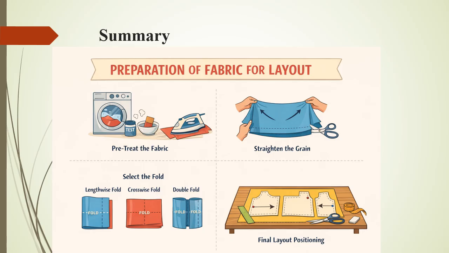After checking the color loss and color bleed, the next step is straightening the fabric grain before planning for the layout. The next is the type of layout, how to fold the fabric: lengthwise fold, crosswise fold, open layout, double layout. And the final step is, once our patterns and our layout are ready, directly positioning the layout, and we can go for the cutting process.